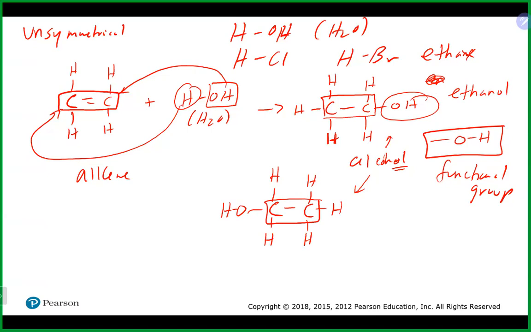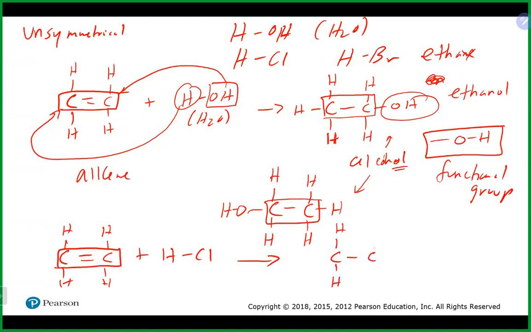But this is referred to as an unsymmetrical addition because, again, you're adding H and something else to the mix. Now, if we did this with something like HCl, once again, we will turn this into a single bond. That is the only thing that's going to change. Everything else will remain exactly the same.